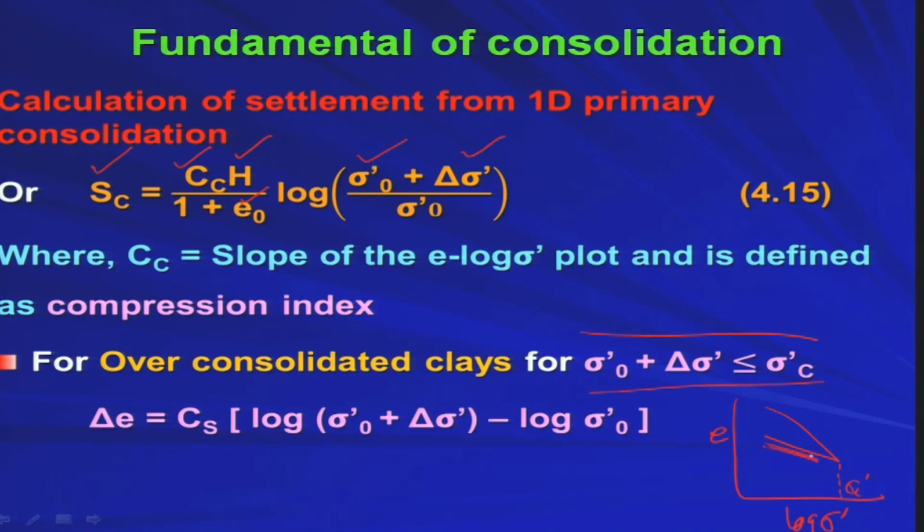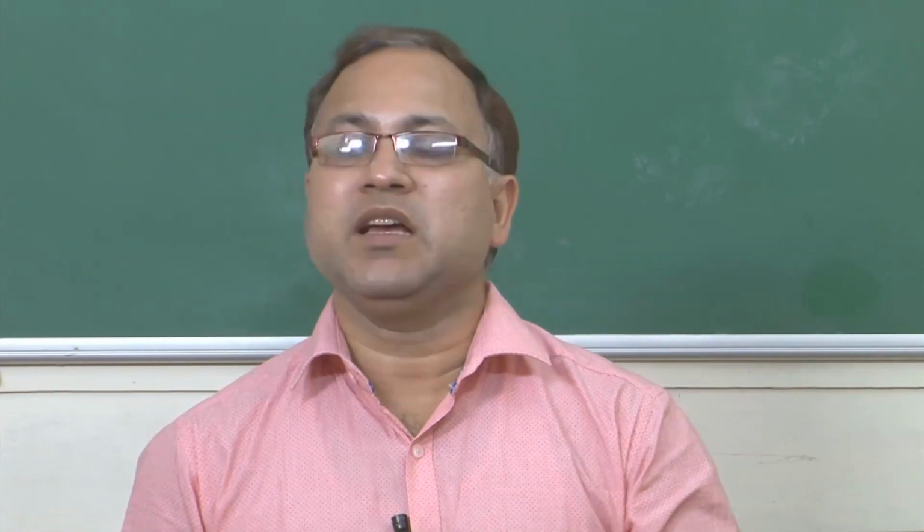If you are within this region, then whatever increment of load is applied is well below the pre consolidation pressure. So soil will behave as over consolidated soil by definition.